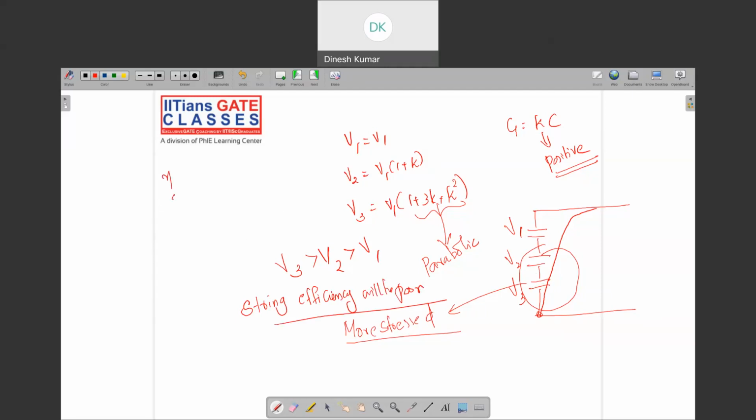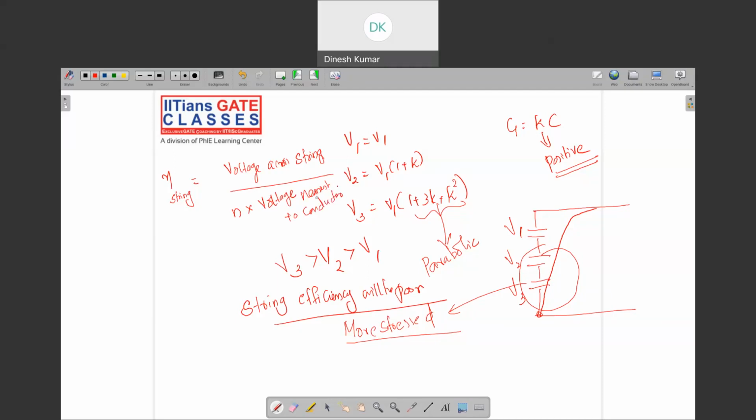String efficiency, eta string, is basically the total voltage across the string divided by n times the voltage nearest to the conductor. So that is basically the meaning of string efficiency.